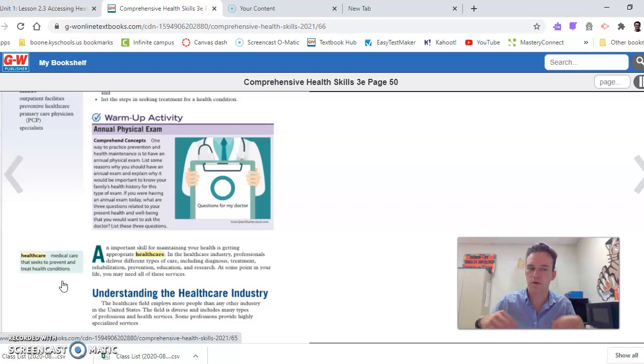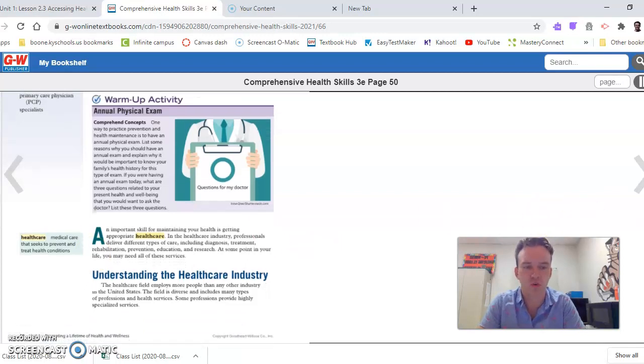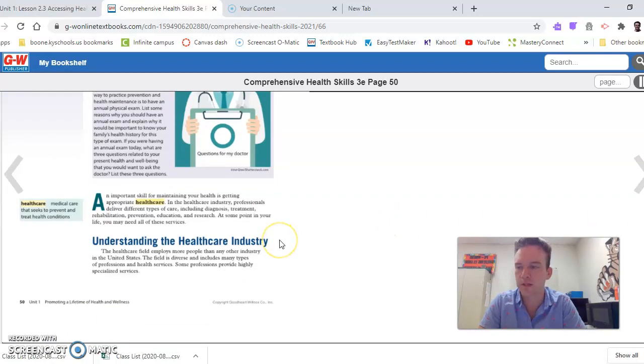Or if you were to go to the doctor and ask them to look you over, run some tests, and make sure that you don't have any underlying conditions such as asthma or, let's say, cancer, something that could be worse or get worse. Maybe they tell you that you're a little underweight, something in that nature. That is also healthcare. It seeks to prevent as well.